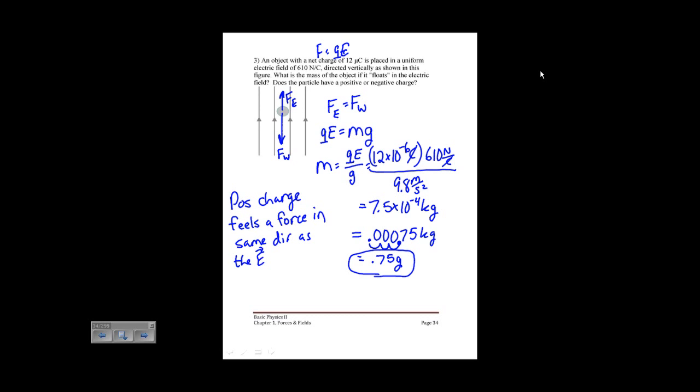So this force is in the same direction as the electric field, so the charge is positive. All right? If we had a scenario where the electric field was down and you had a charge that was floating like this one, so you have the same force vectors, this one would be a negative charge.